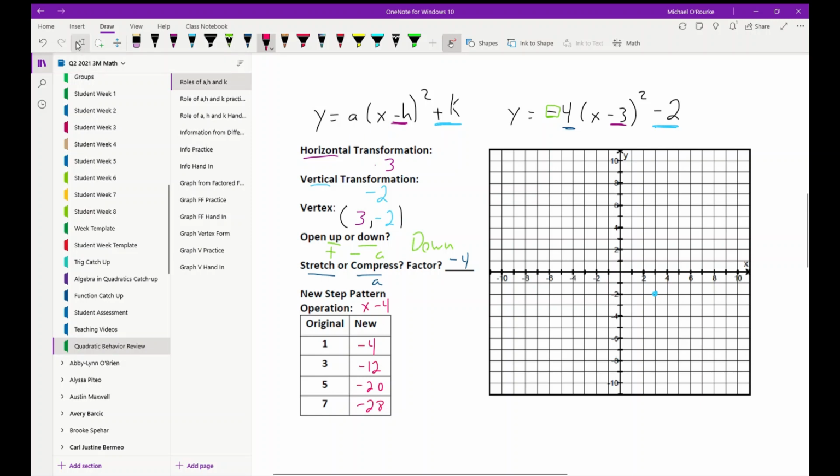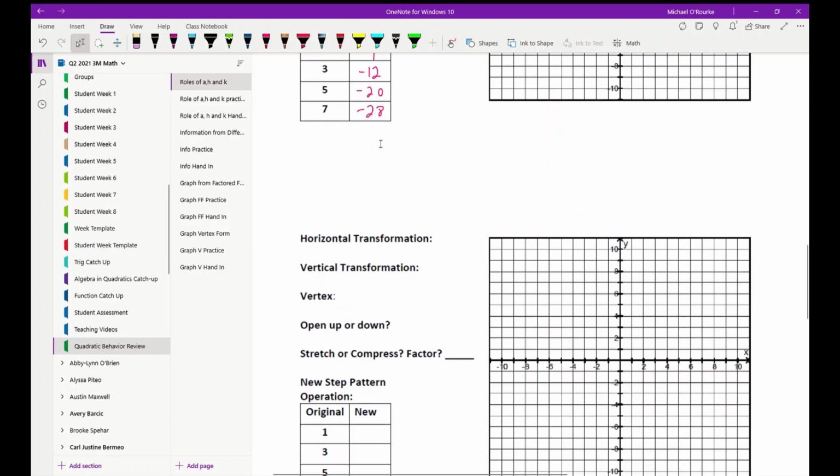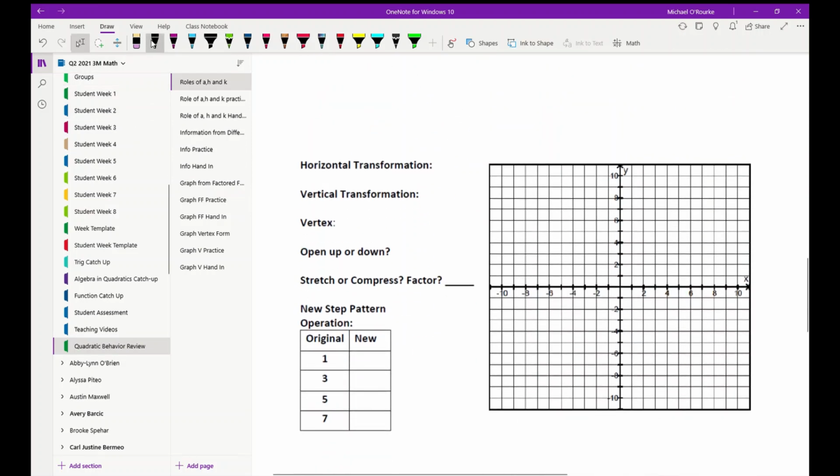Let's do a couple more. I'm going to write my parent formula up here again, and let's write this one: y = (x + 3)² + 4.